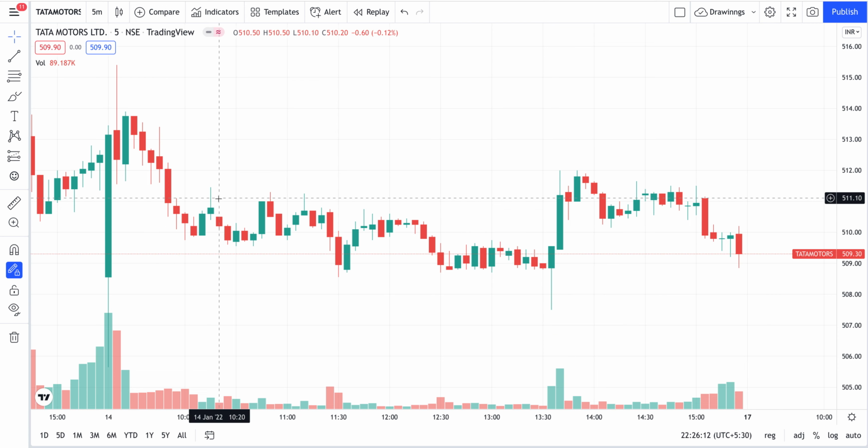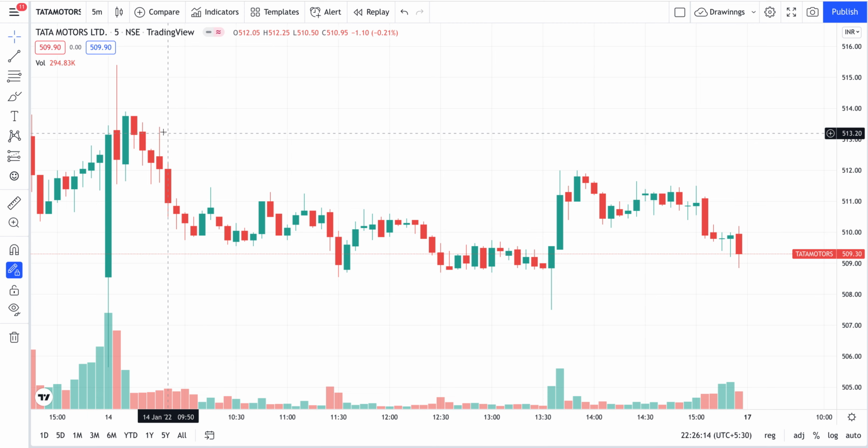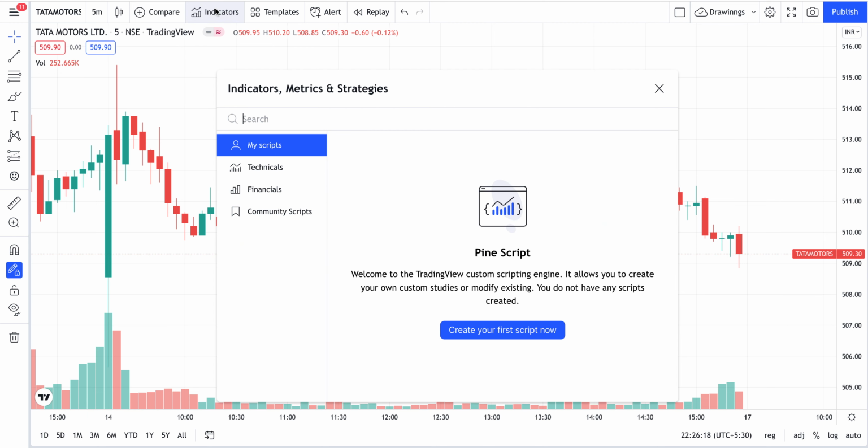So we are going to move to the next indicator. Again we go to the indicators tab, and next we are going to add the exponential moving average. Actually there are two kinds of moving average: one is the simple moving average, and the other is the exponential moving average.